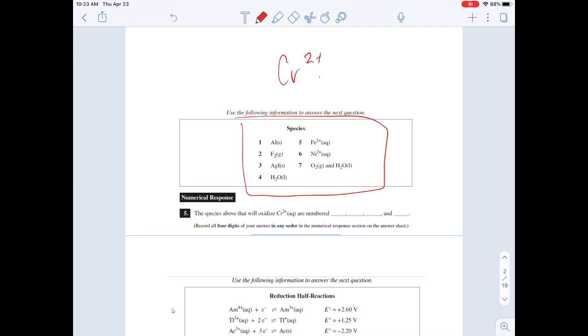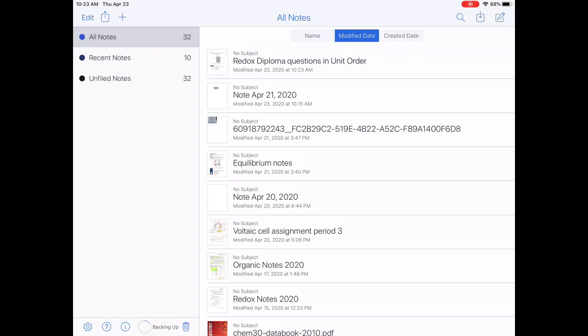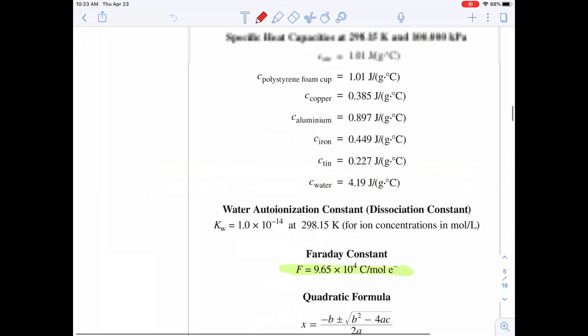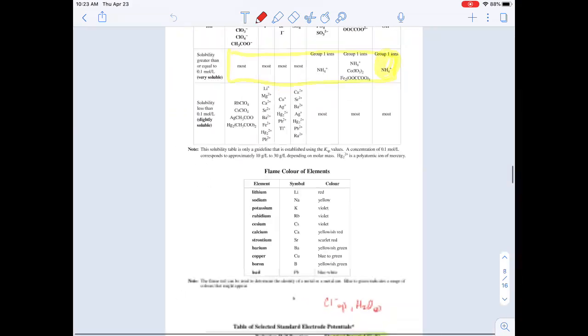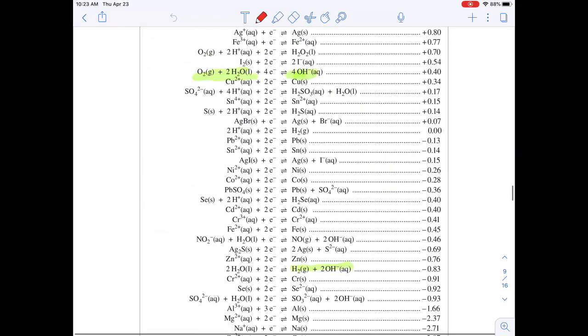Chromium-2 is in the data booklet, but this is oxidizing, so we want LEO, right? So what chemicals will cause chromium-2 to LEO? We're going to refer to our data booklet and find chromium-2, and chromium-2 is on both sides.